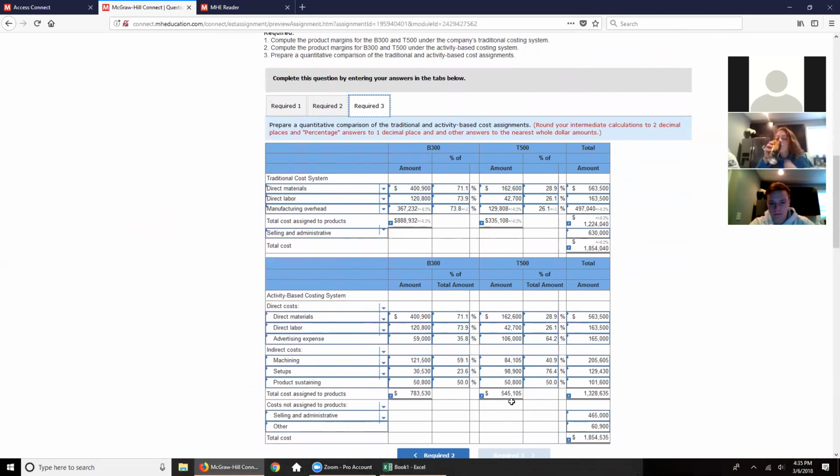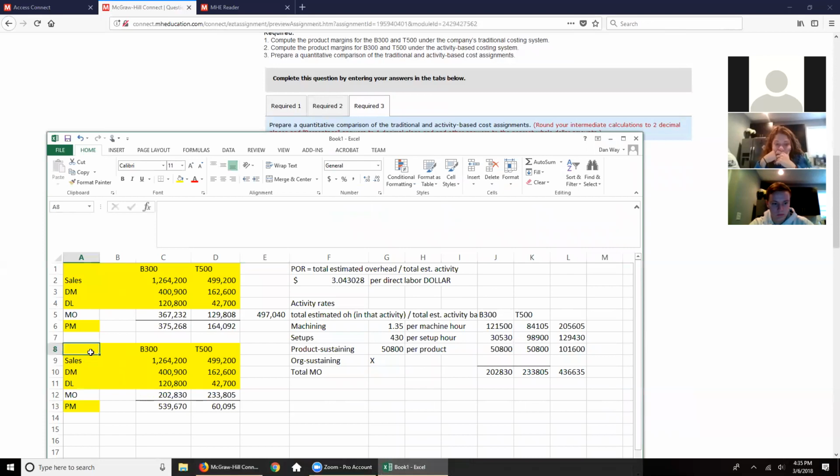In this full comparison, they had you do the individual activities separately and then take this to a bottom line of total costs, including some selling and admin and other. But in essence, we hit the big potatoes here.